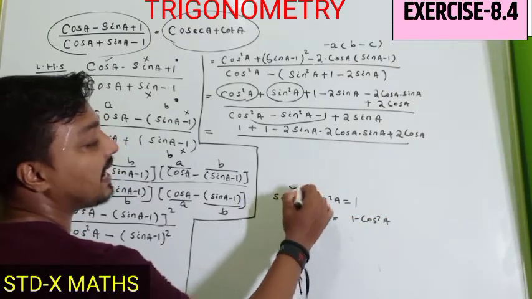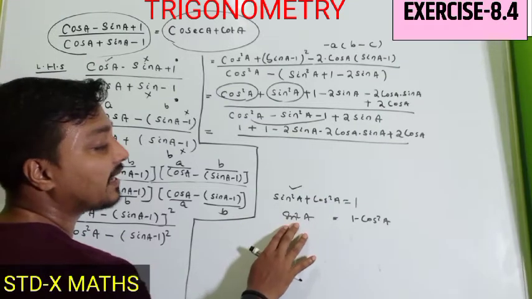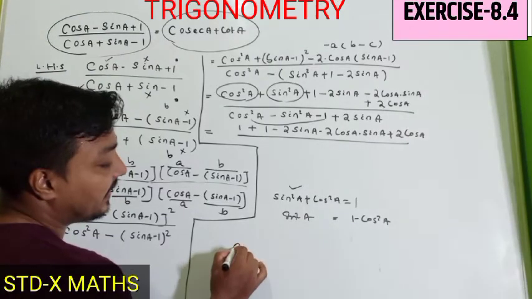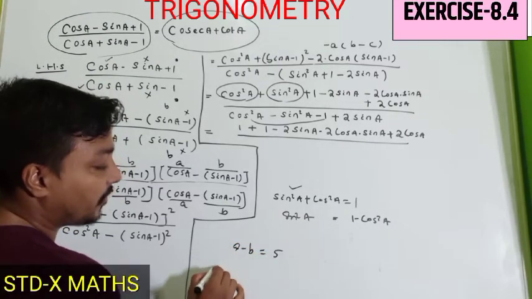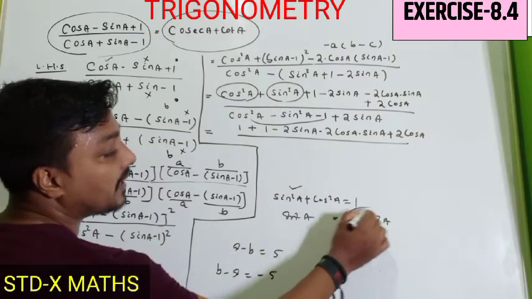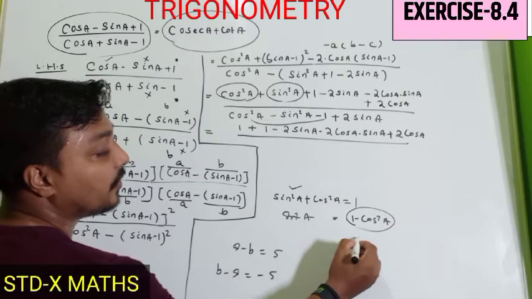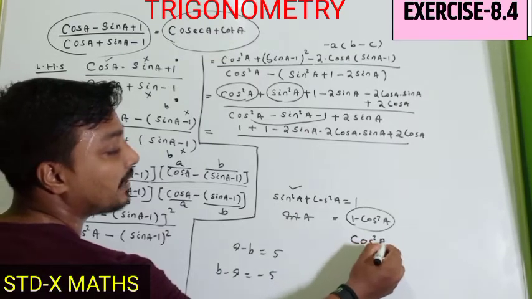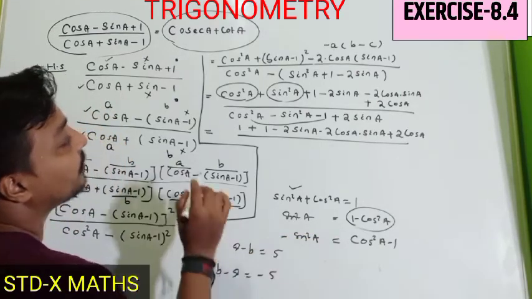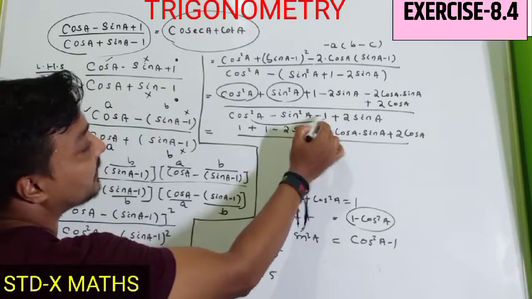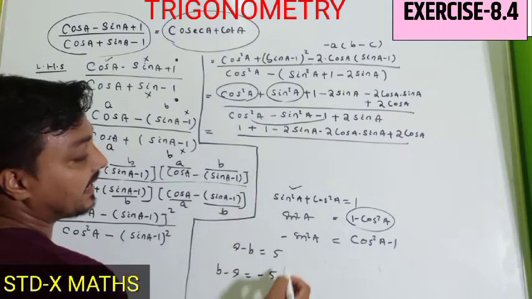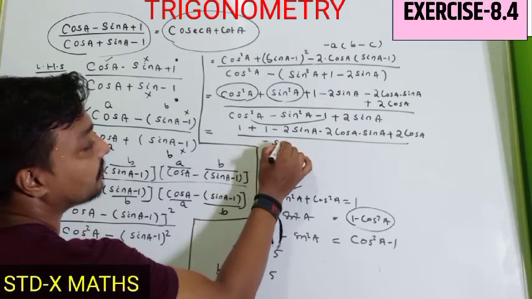From this identity I can write sin square a equal to 1 minus cos square a, and whenever it is altered, just like a minus b is 5, then b minus a will be minus 5. In the same way 1 minus cos square a equals sin square a. Whenever I say cos square a minus 1, it becomes minus sin square a. So for the minus 1 and cos square a, I can write it as minus sin square a.